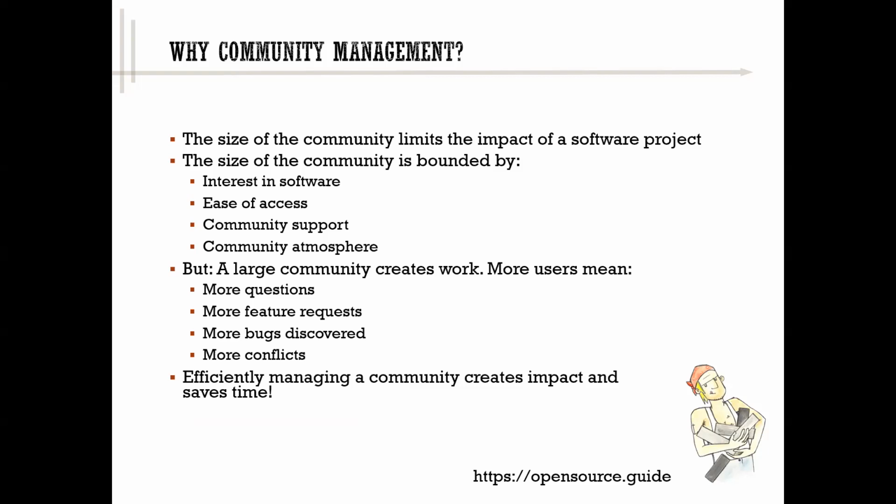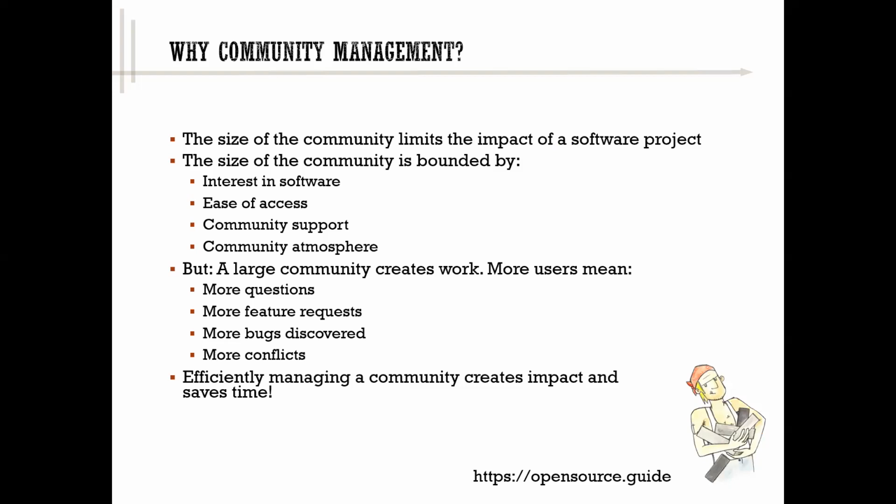So in a very simplified summary, we could say that the size of the software community limits the impact of a software project. The larger the number of users of a software project, the higher the probability that one of them will make an impact with that software. Of course, that's very simplified, but in a way, the distribution of a software controls how important that software is.